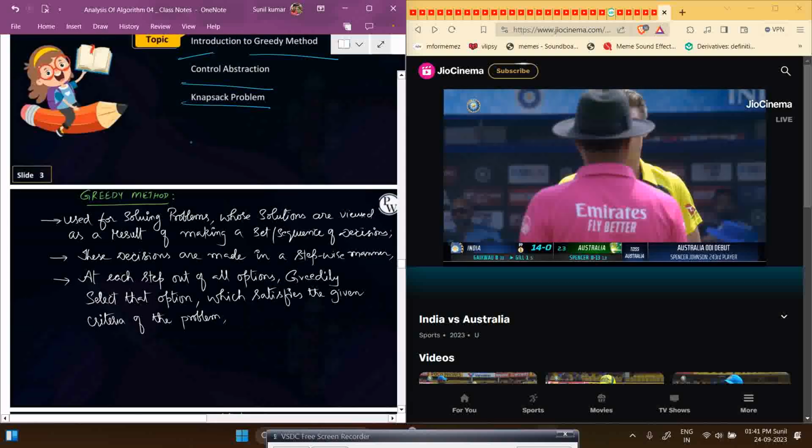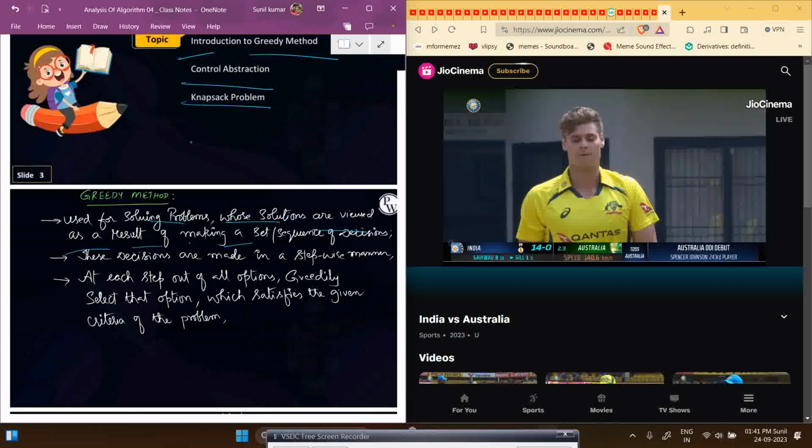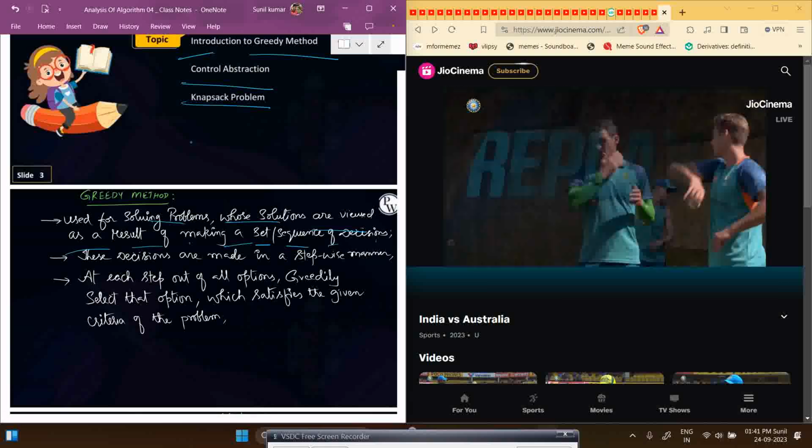The greedy method is used for solving problems whose solutions are viewed as the result of making a set or sequence of decisions.